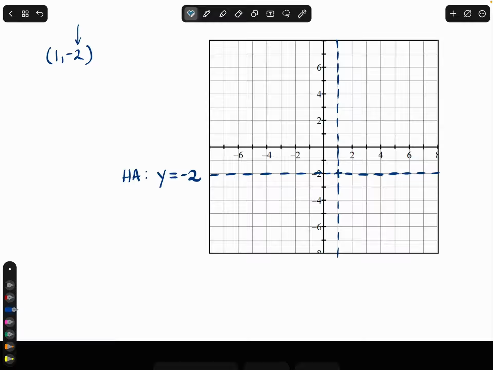That comes from our k value up here. And our vertical asymptote is going to be at x equals 1, and you can see that comes from our h value. Let's draw in over 1, up 1, back 1, down 1 there, and sketch it in. It should go right along there. Make sure you don't cross that asymptote. That drives me crazy. Just take your time. It doesn't have to be perfect, but let's at least not cross the asymptotes.